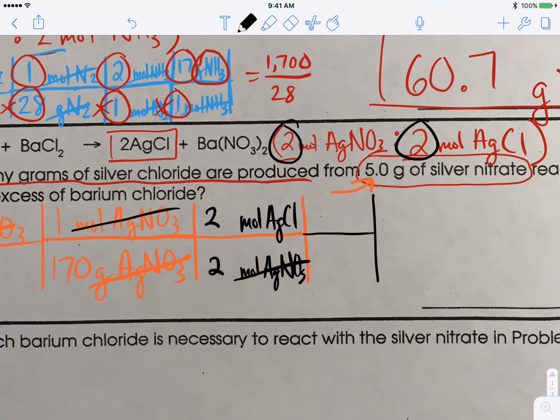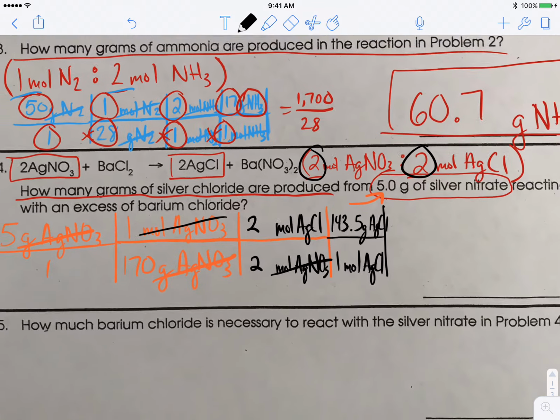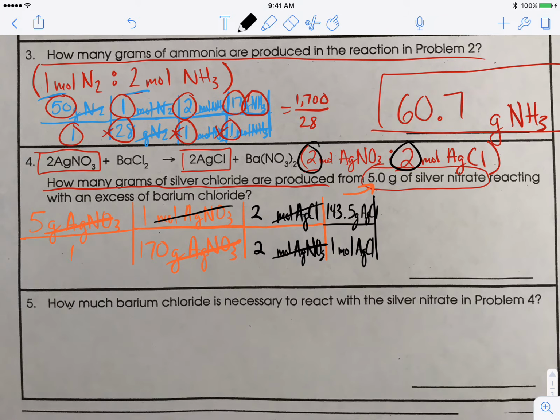And the last step is where we do a molar mass comparison. So for every mole of silver chloride, it comprises approximately 143.5 grams of AgCl. Okay. So we can go ahead and cancel out these last 2 units. So all we do is then multiply across.